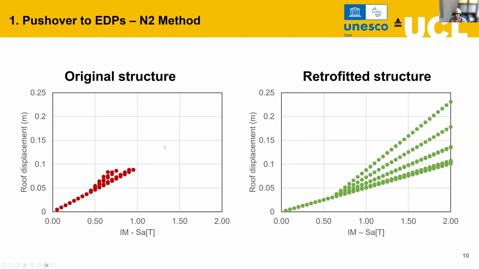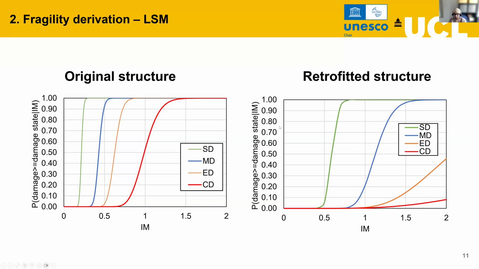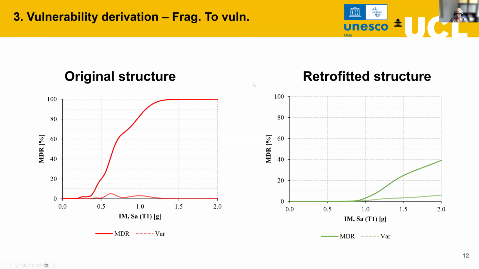When we conduct the N2 method, we obtain the new performance points for the retrofitted structure, which can then be inserted into the fragility derivation app, the MATLAB-based code that was provided to obtain the fragility functions, followed by which you can use the fragility to vulnerability converter tool to produce the vulnerability function.